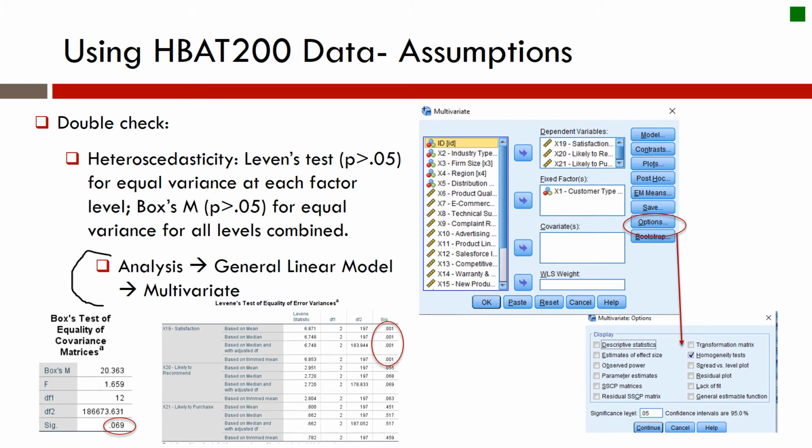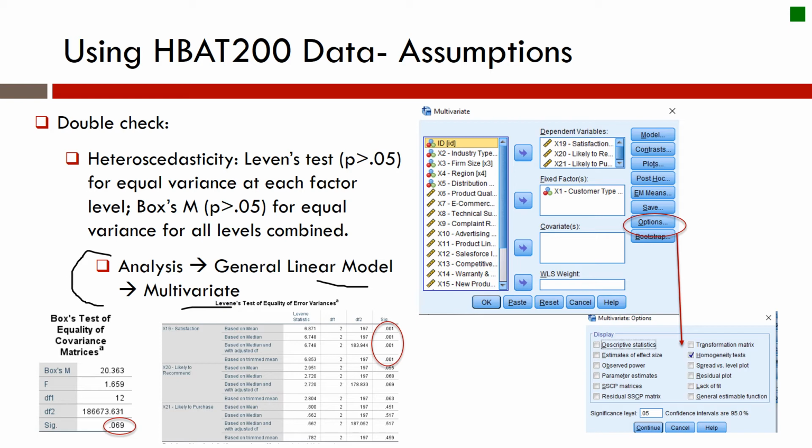for MANOVA, we're going to do general linear models, and then we're going to run multivariate. We'll do the tests that we would normally do: Bartlett's test for correlations and the R for correlations. We're going to do normality. We'll do outliers.